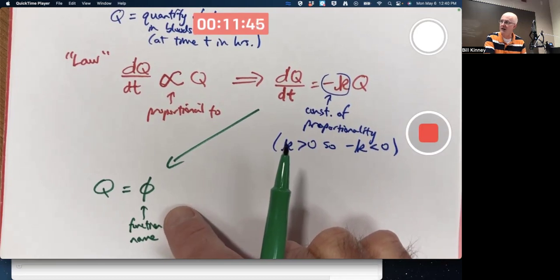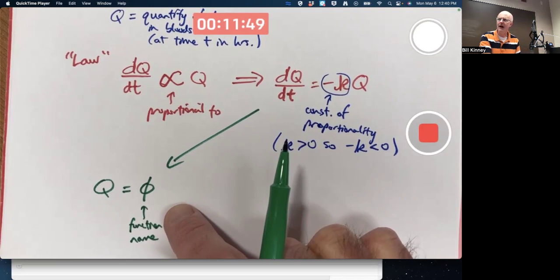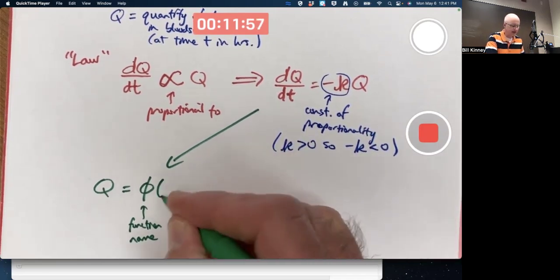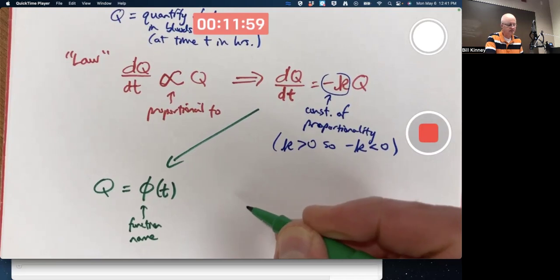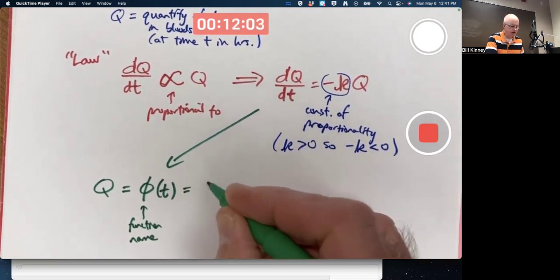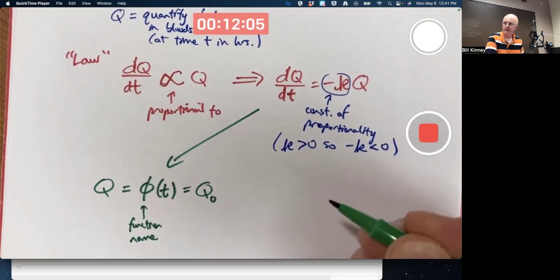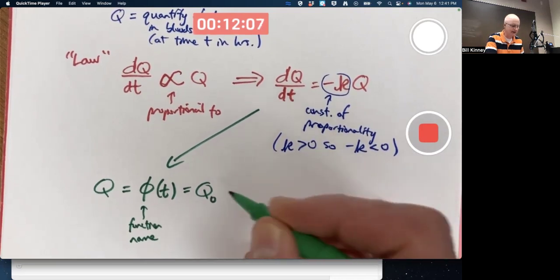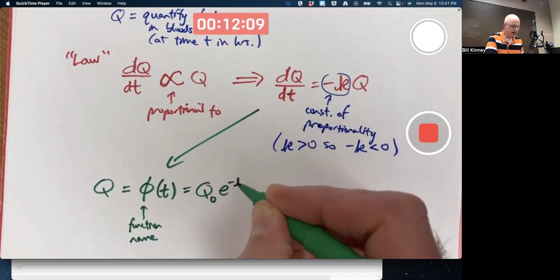I use this kind of notation a lot in differential equations with linear algebra. I'm not sure if Dr. Auk uses it in the plain old differential equations course. I probably should ask him if he does or not. It is a function of time t. And you already know what the answer is. It's q naught, q sub 0, the initial amount, times e to the negative kt.